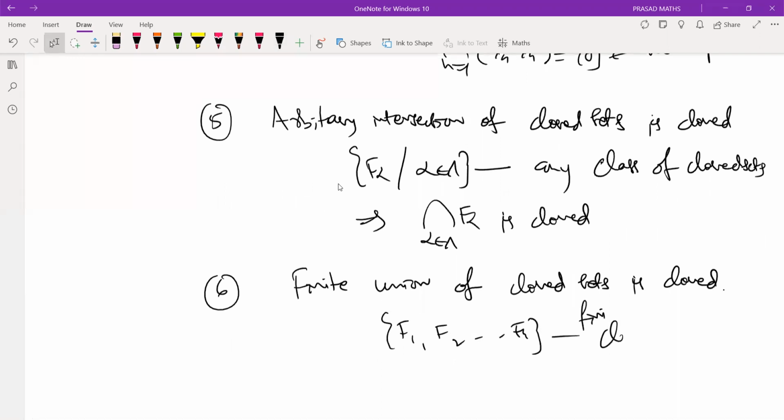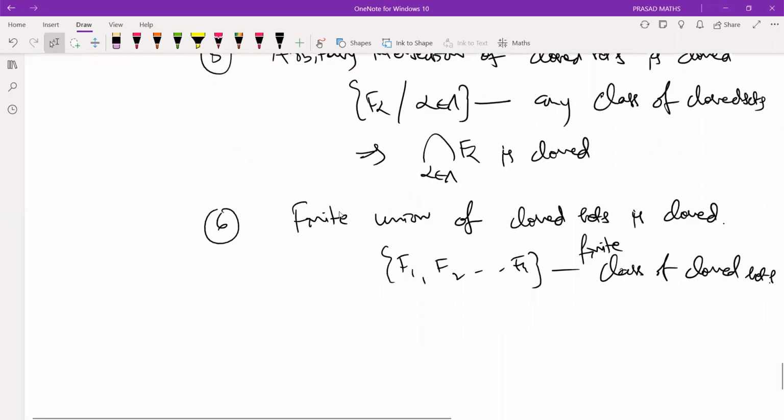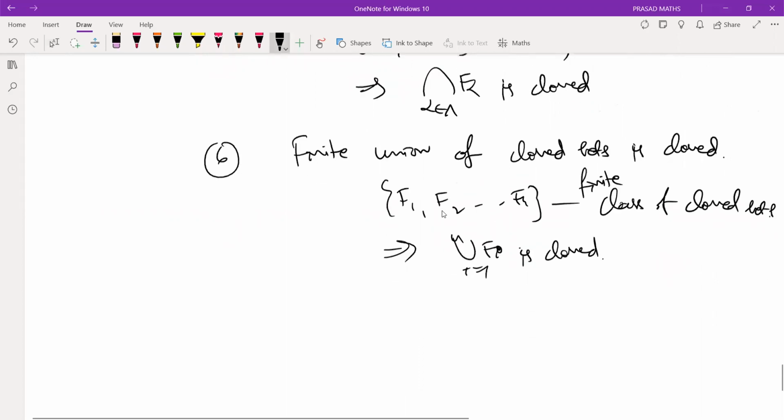Then this union, if you take the union of the Fi, is always a closed set. All right. What about arbitrary union? Arbitrary union of closed sets may not be closed.